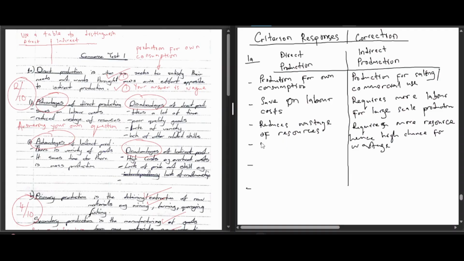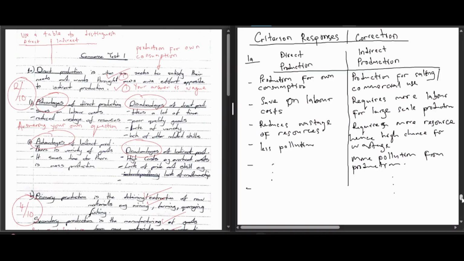Here you can say less pollution, then over there more pollution from production. So these are just examples I'm giving. You already know them. You take my advantages and my disadvantages, then you compare them. What is happening in direct production is not happening in indirect production. That's how you present this.